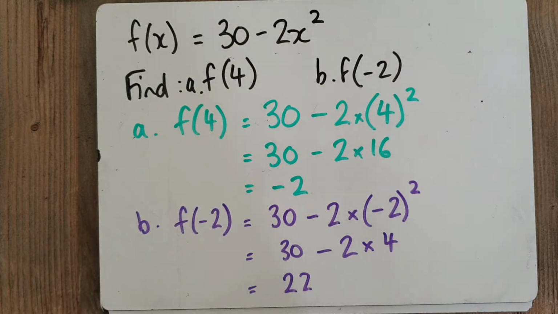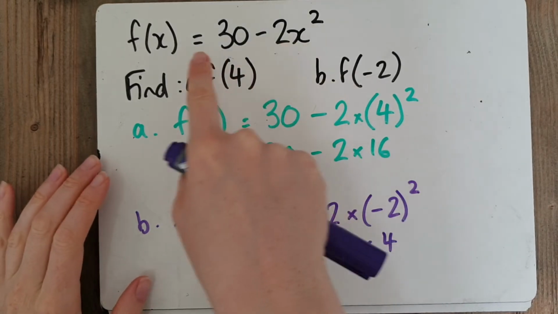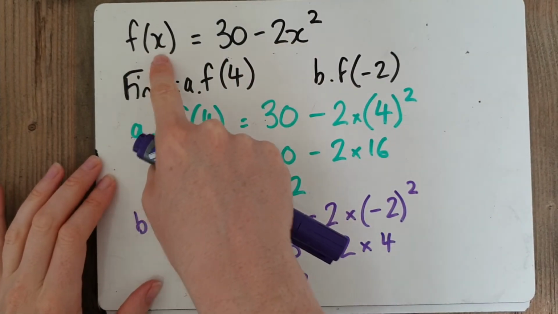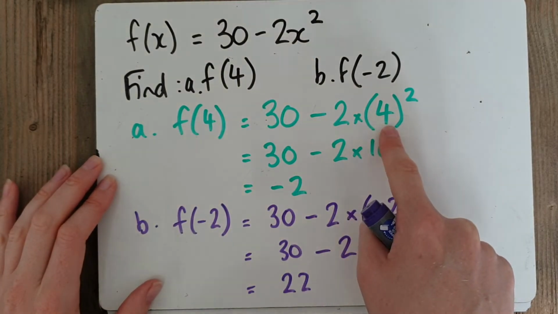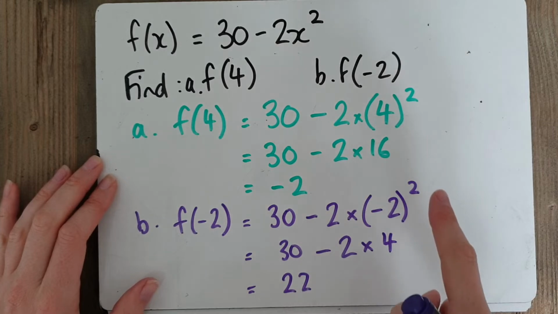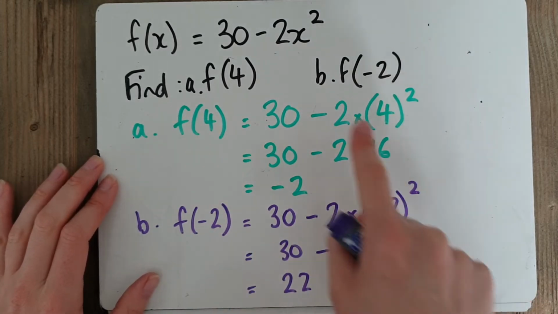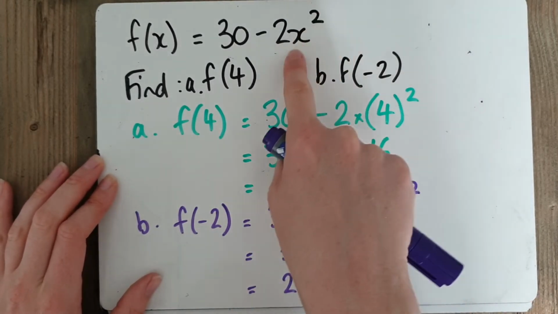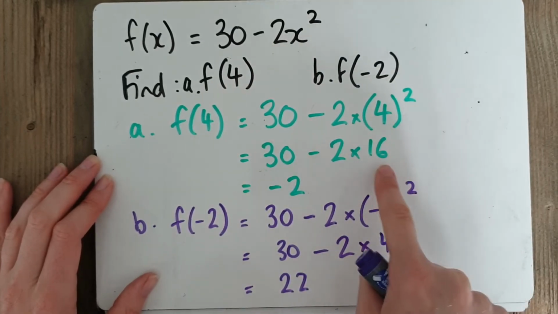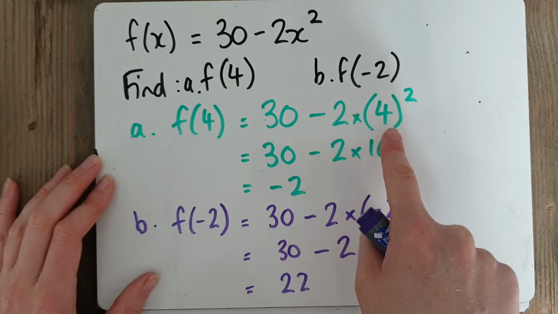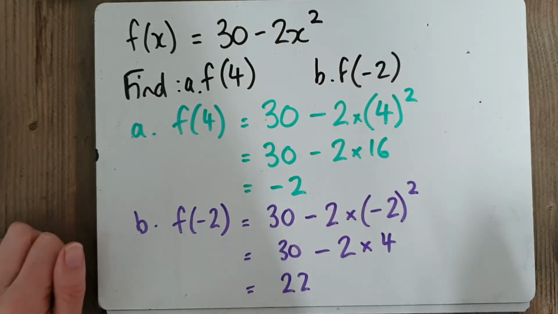That's all you do when you substitute a value into a function. If it's f of x, anywhere that there was an x, you now substitute in that number. And you make sure that you apply the operations in the correct order. So here the squared is only squaring x, it's not squaring this 2. So we do that first and get 16. Then we multiply by 2, then we subtract from 30.